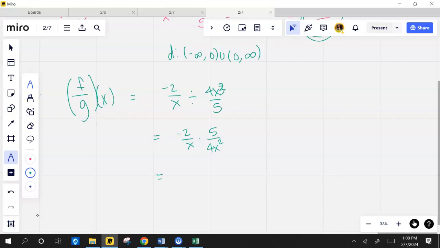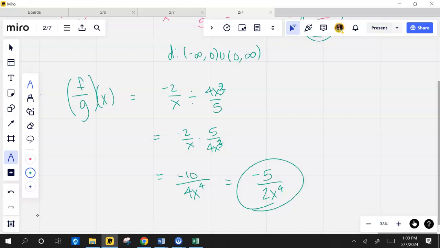So negative 10 over 4x to the 4th. I can simplify that a smidge, right? Negative 5 over 2x to the 4th. There's my division. So domain.